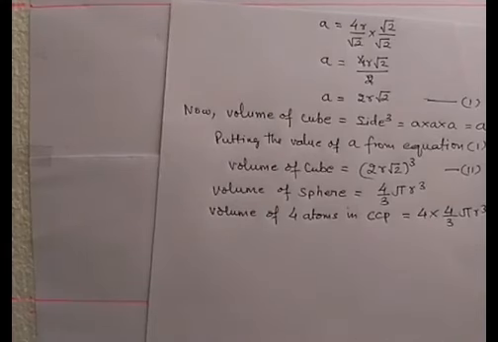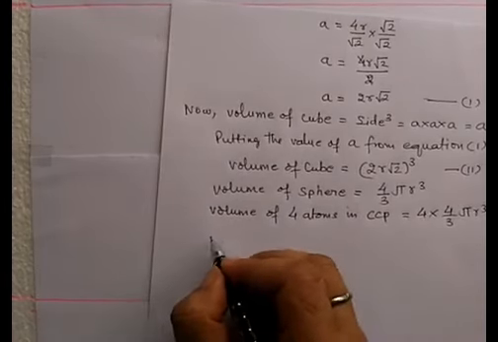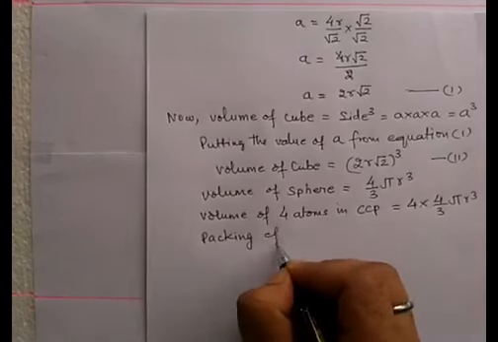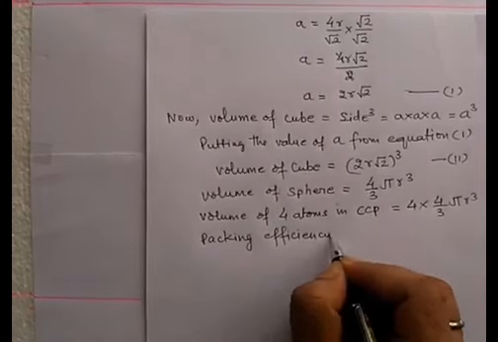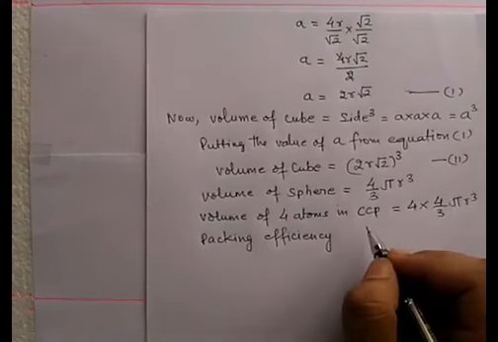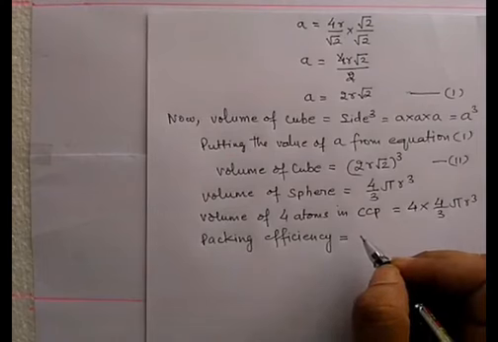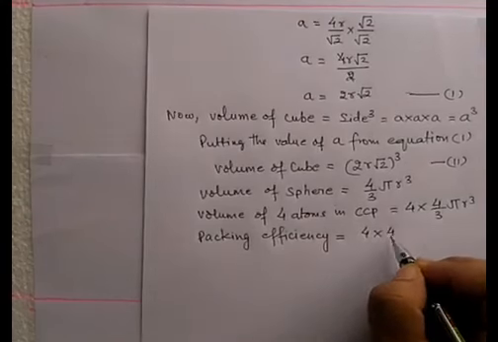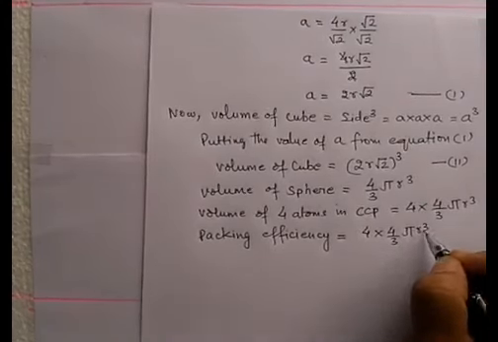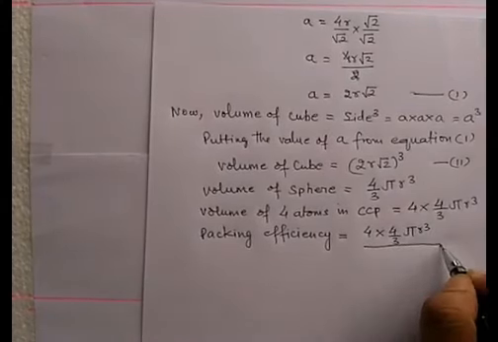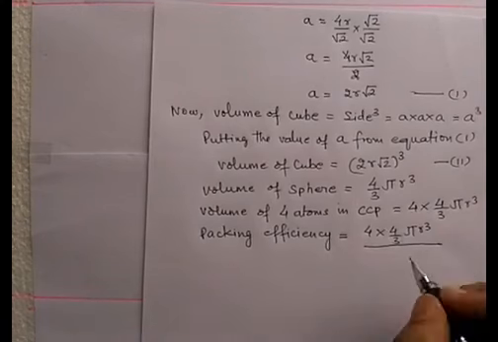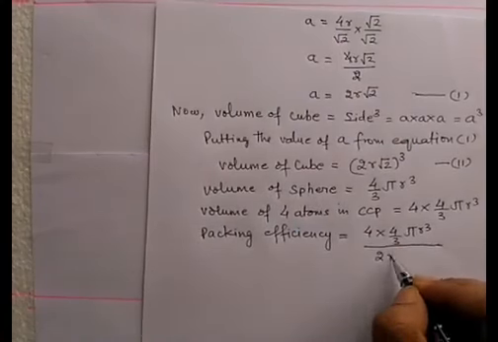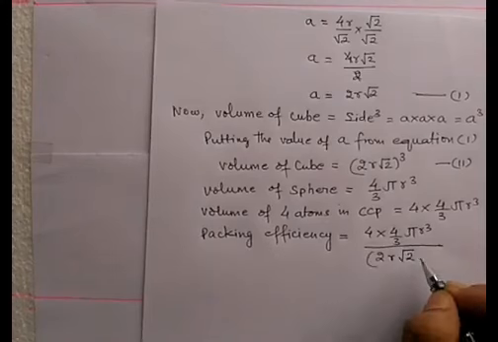Now packing efficiency. Let's see what is the packing efficiency. We'll take the volume of 4 spheres, which is 4 into 4 by 3 pi r cube, divided by the total volume of the unit cell, which is the volume of the cube, 2r root 2 whole cube.